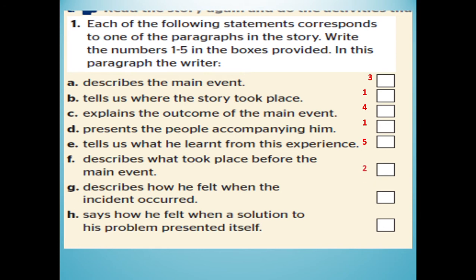Of course, it's paragraph 2. G describes how he felt when the incident occurred. Great, the climax, paragraph 3. Which paragraph says how he felt when a solution to his problem presented itself? 4. Great.